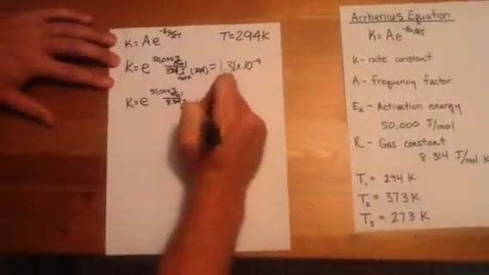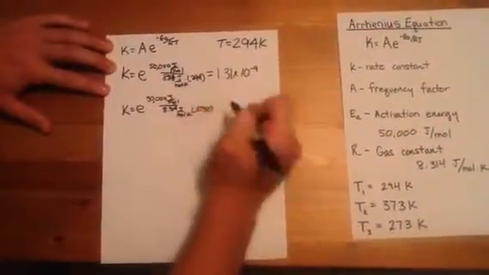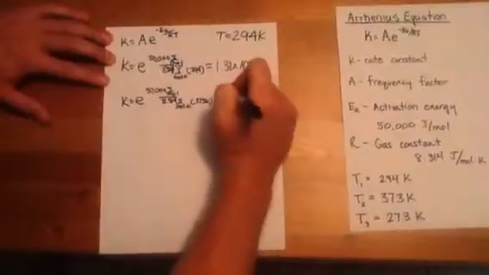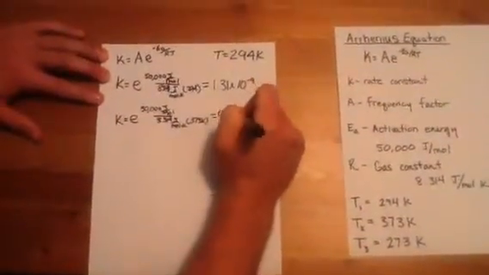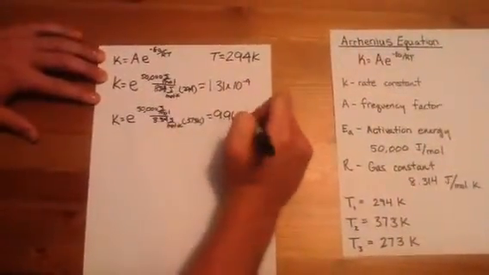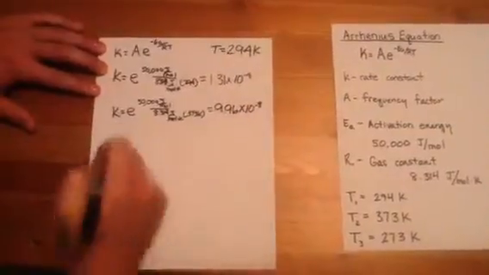Comes out to be 373 Kelvin. That answer is 9.96 times 10 to the negative 8.